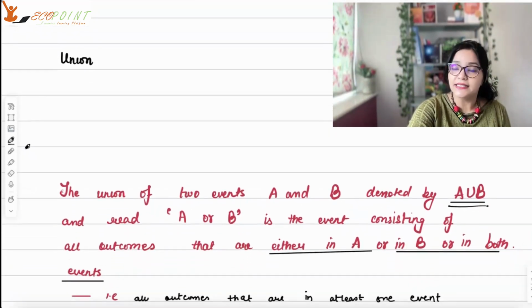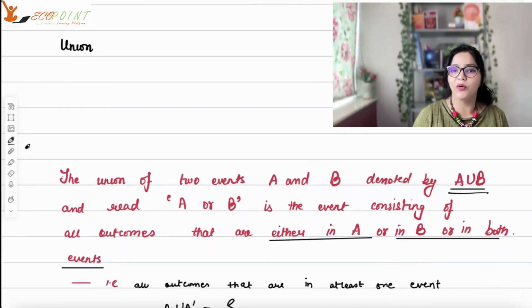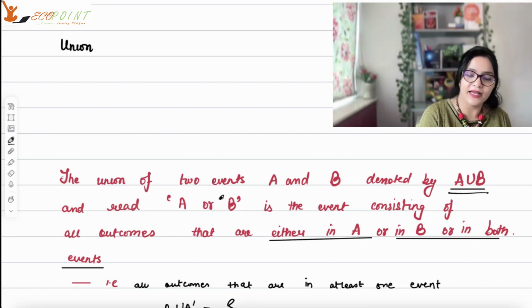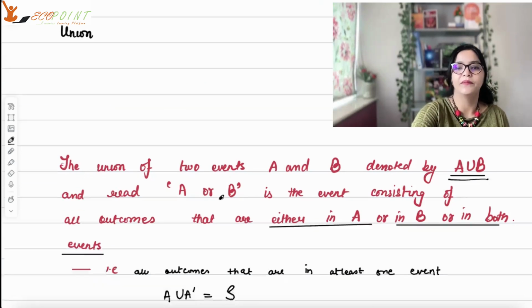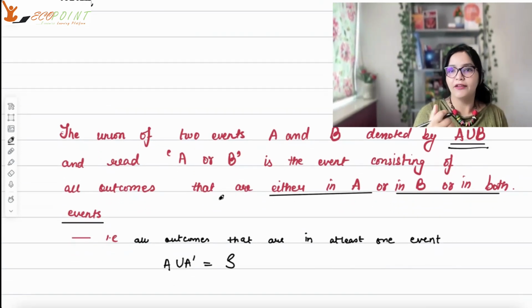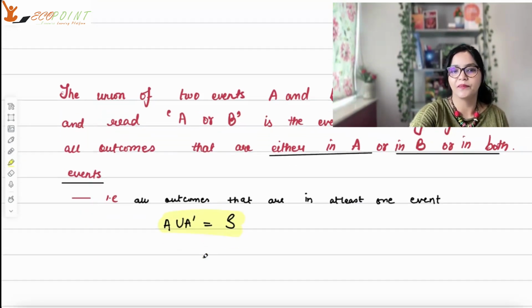Union, intersection, extremely important, and we discussed thoroughly the union of two events A and B. A union B consists of everything that is in A or in B, that's either in A or in B. So if you take any event A and its complement and unite them, you will get the entire sample space.